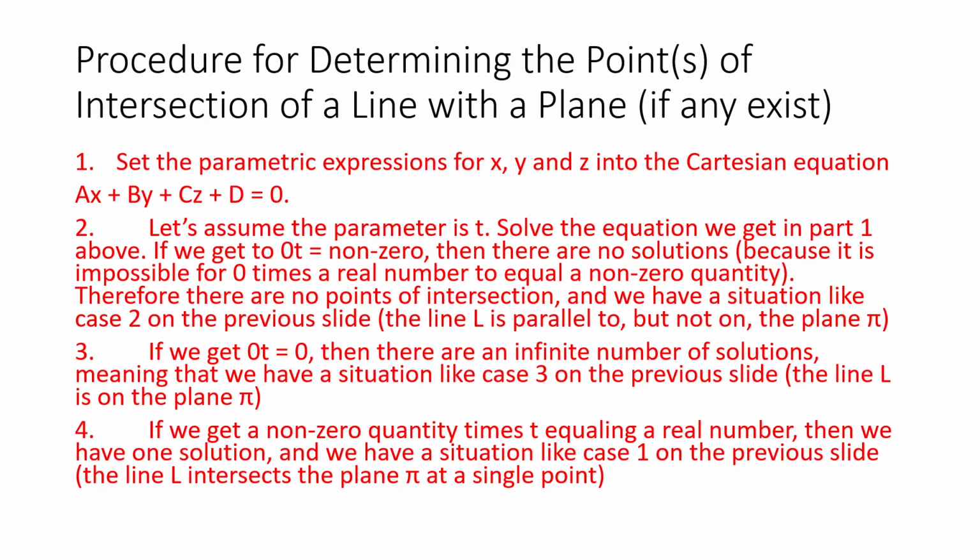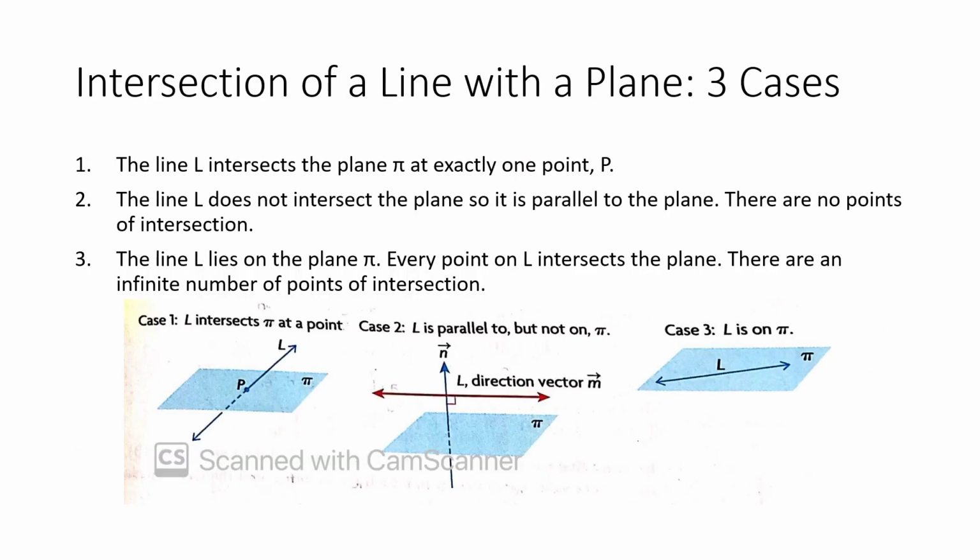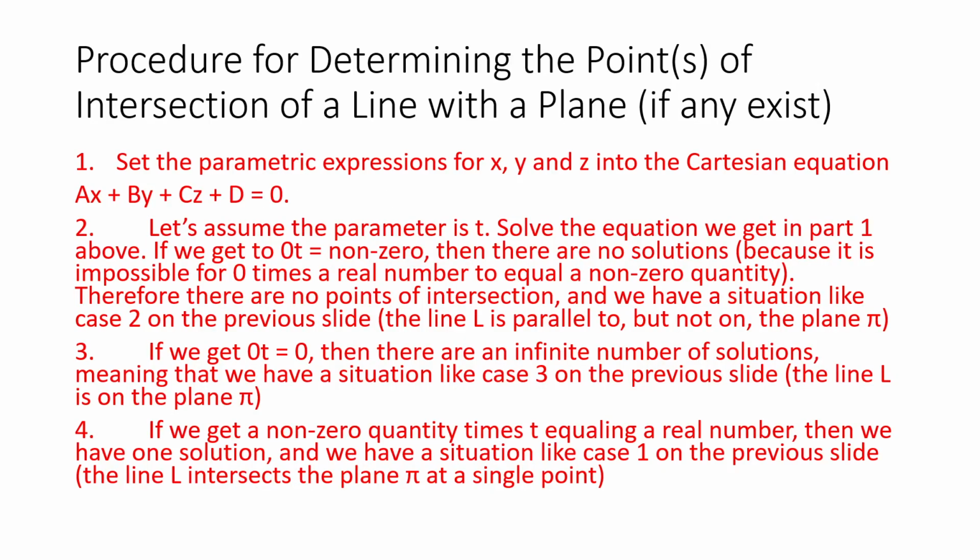Now, as shown in number 3 on your screen, if we solve that linear equation and we get 0t equals 0, what that means is that there is an infinite number of solutions, and we have a situation like the third diagram on this screen right here, where the line actually is part of the plane.